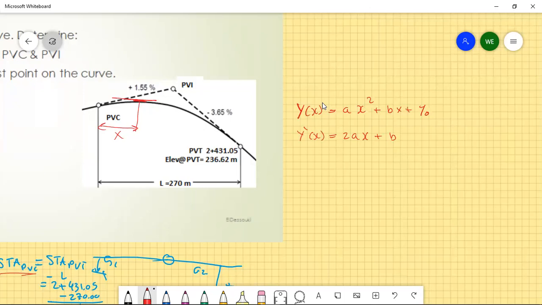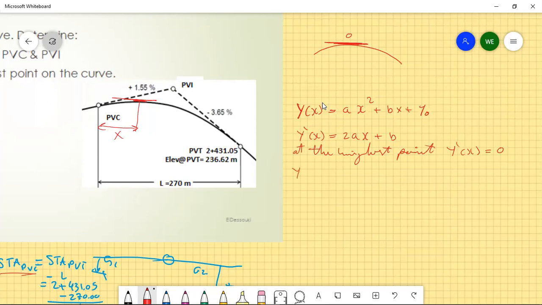So we have this parabola. If we want to get the maximum point, we need to get the point where the grade is 0. So at the highest point, y dash of x equals 0.